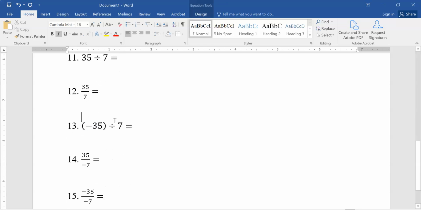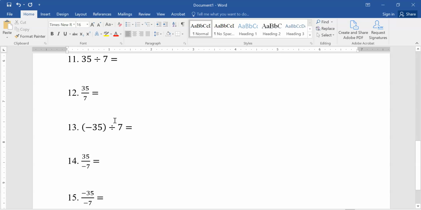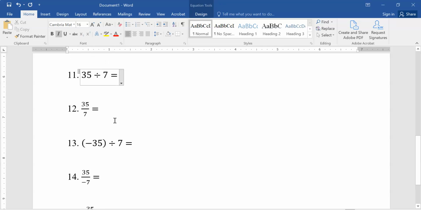11 through 15 are different versions of 35 divided by 7, when you have positive and negative numbers. 11, obviously, 35 divided by 7 is 5. 12 is the exact same thing, but with different notation. So that's 5 as well. Negative divided by a positive is a negative, so we're going to get a negative 5.